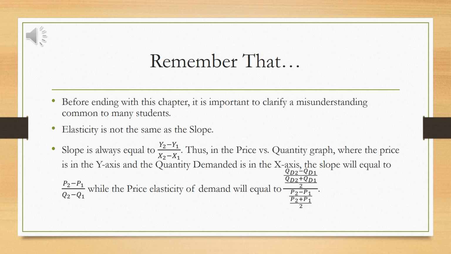Thus, in the price versus quantity graph, where the price is in the y-axis and the quantity demanded is in the x-axis, the slope will equal to P2 minus P1 over Q2 minus Q1, while the price elasticity of demand will equal to the new quantity demanded minus the old quantity demanded divided by half the sum of both quantities demanded over the new price minus the old price divided by half the sum of both prices.